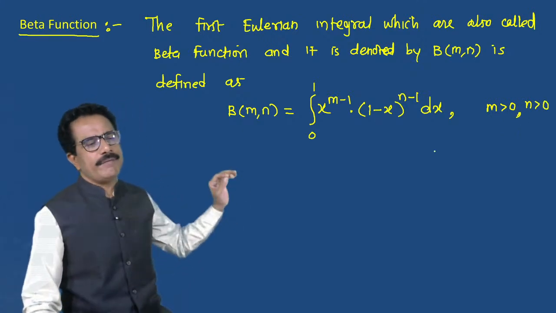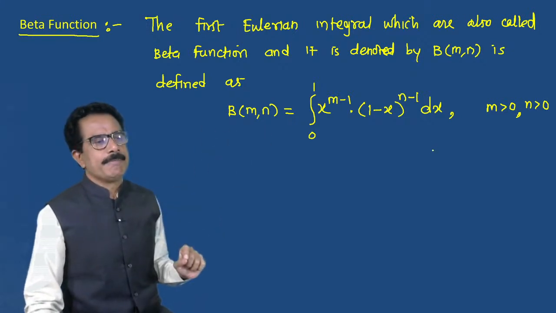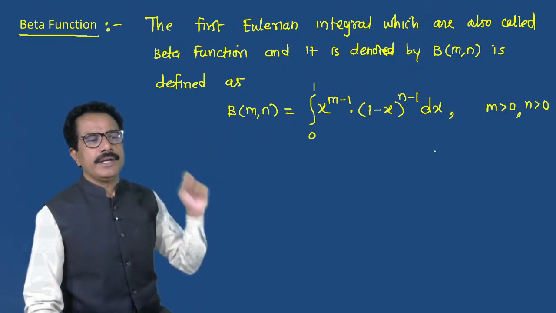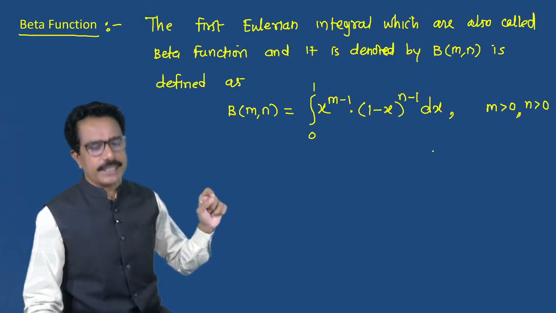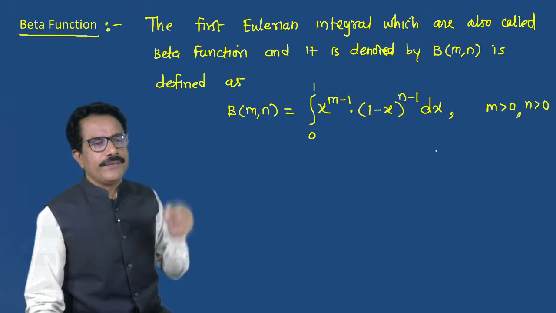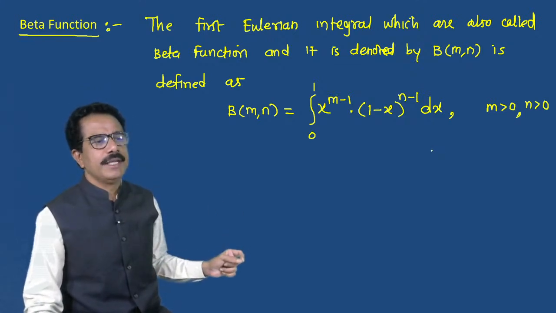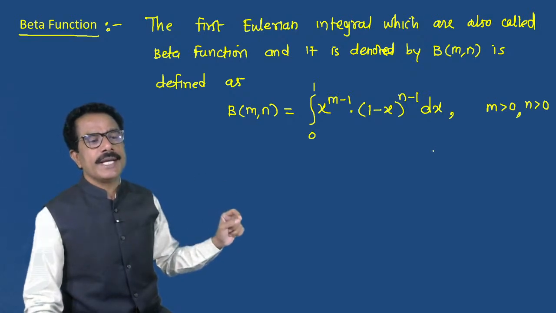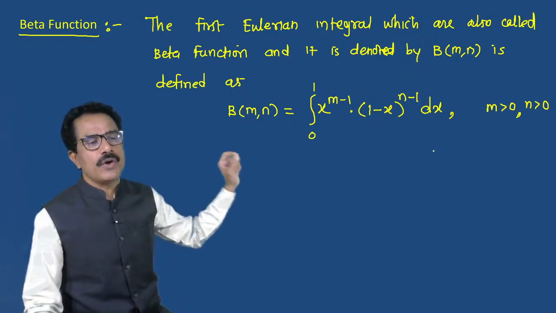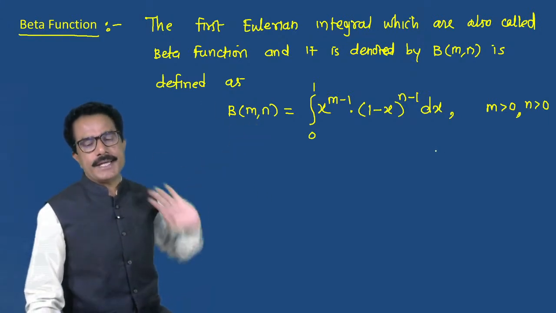As with the gamma function, we can write this beta function; this is the Eulerian first integral, which is also called the beta function, and it is denoted by beta m comma n and is defined as beta m comma n.